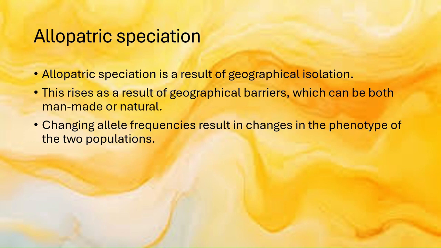So that leads to two different types of beavers, for example. Just a random example, it's not something for you to remember, but that's one way geographical barriers can lead to allopatric speciation. Changing allele frequencies result in changes in the phenotype of the two populations.